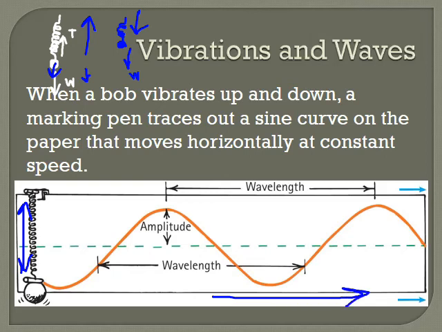So even though this ball appears to be moving just up and down in one dimension, we can imagine if we added on the dimension of time, passing time, that we would wind up with a wave looking drawing here, where the ball would move through its highest position, it would move to its lowest position, and back to its highest position. So again, we see the wave nature of this vibratory or oscillatory motion.